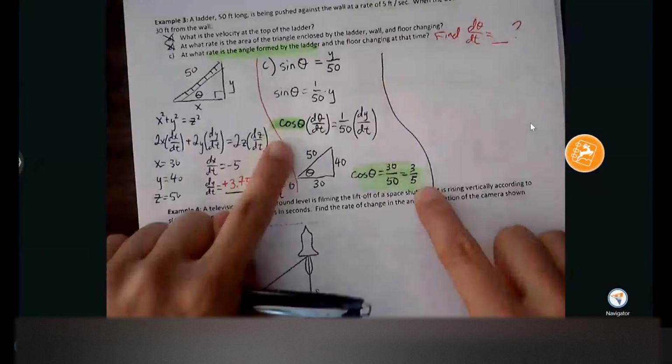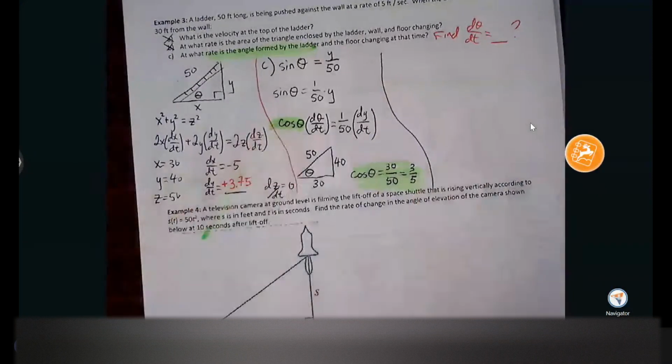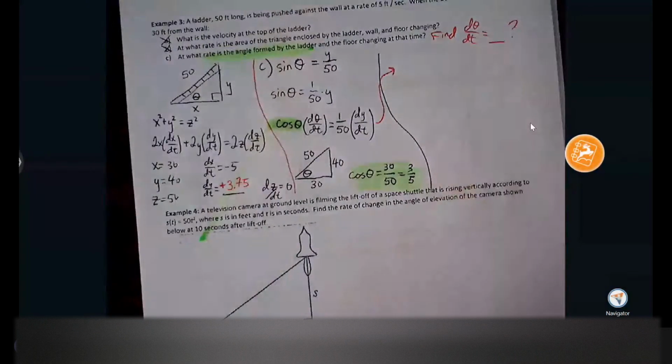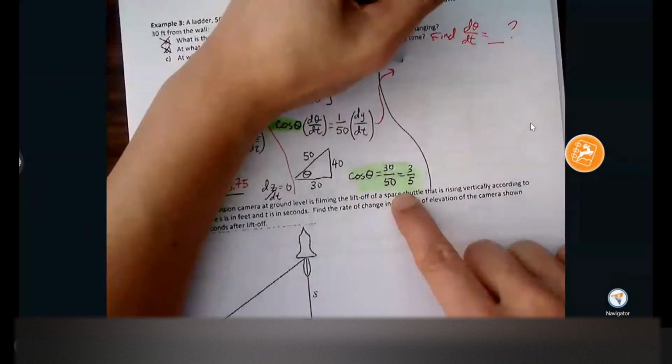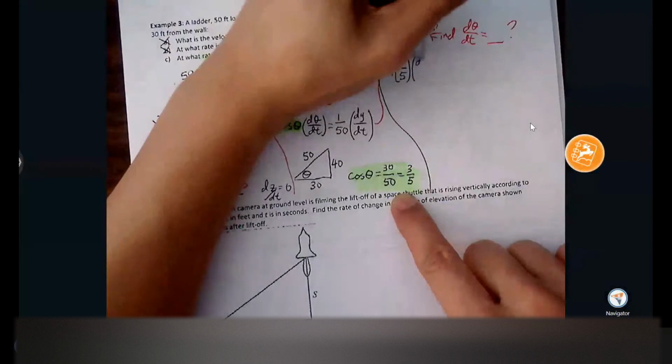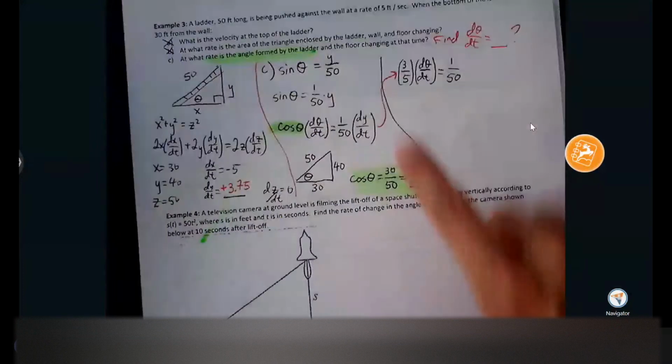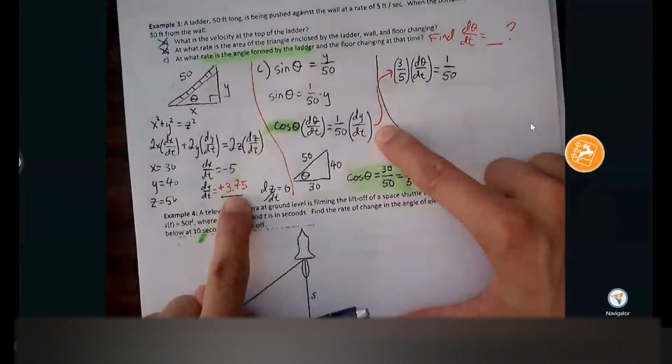All right, so cosine theta gets replaced with 3/5. Now I'm going to move over here. dy/dt was from part A, 3.75.